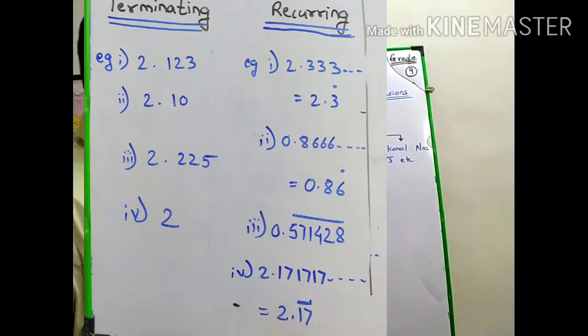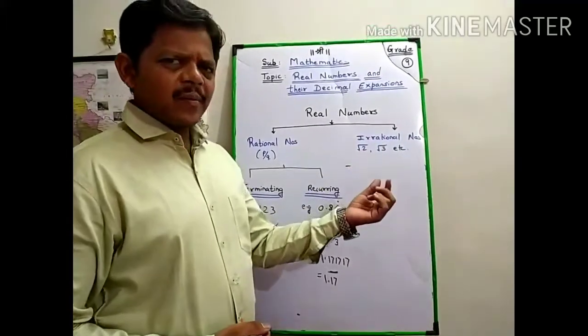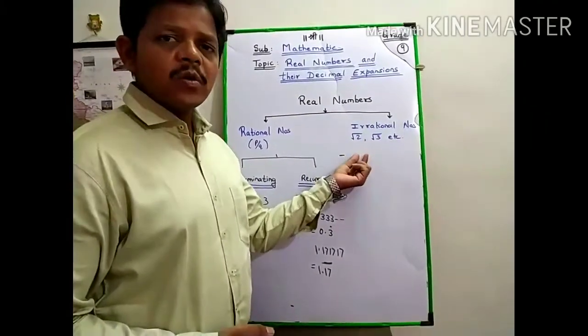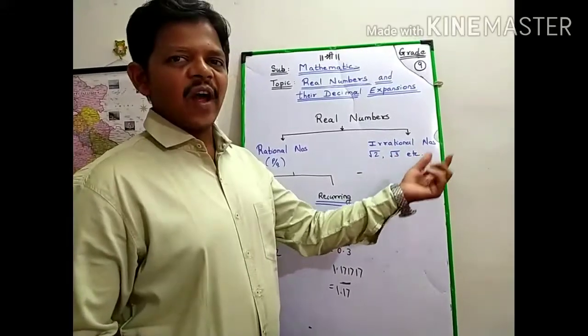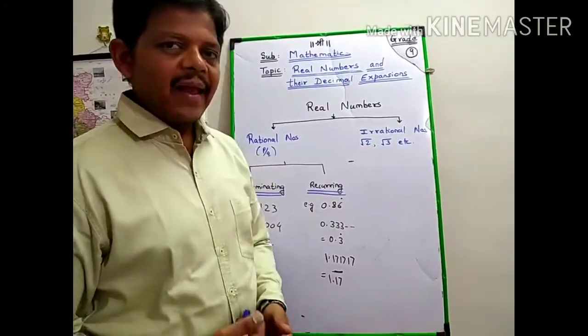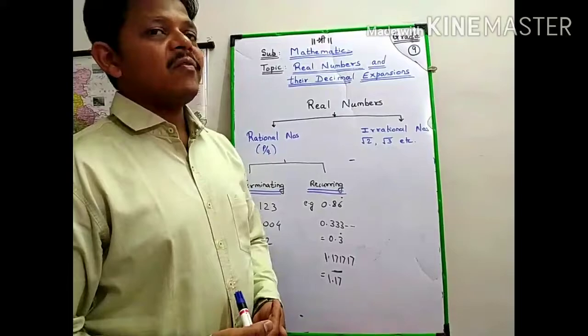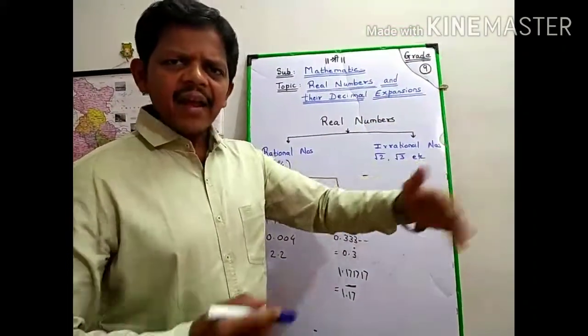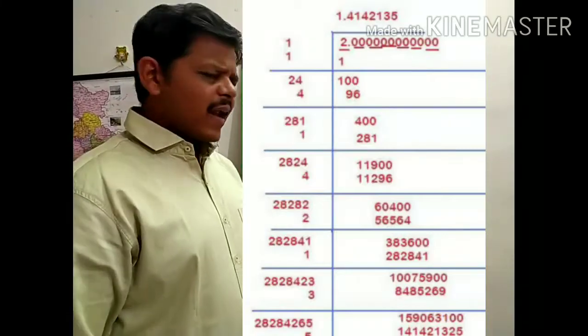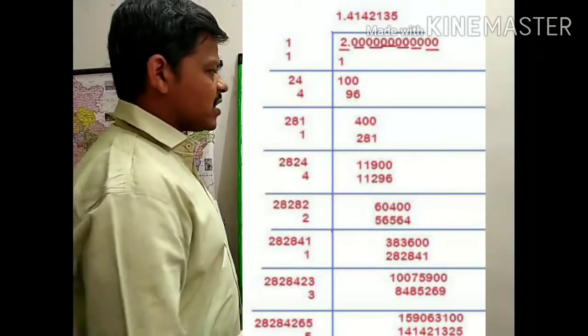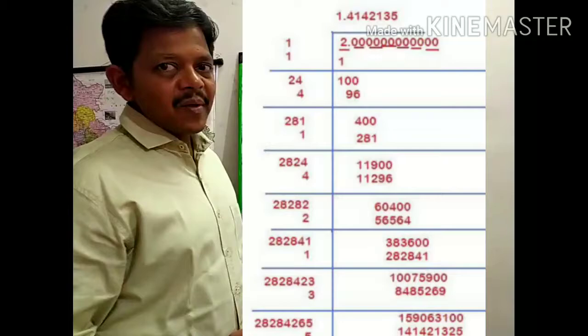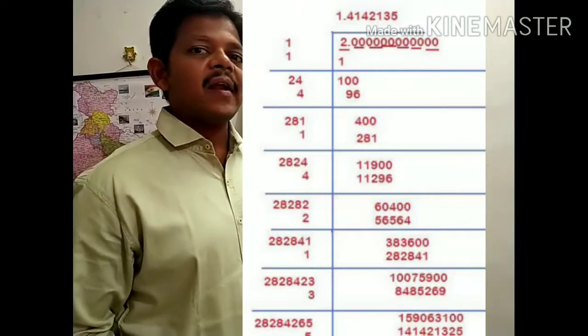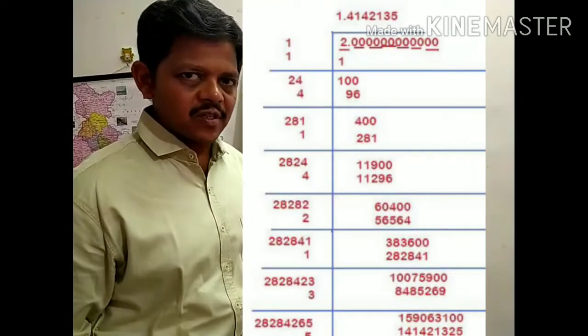Moving on, if we look at a few examples of irrational numbers, we knew the irrational numbers were root 2, root 3, root 5 and so on, along with pi. And I had also told you the value of pi is known up to 200 decimal places, and beyond that it goes on and on. Right now on your screen you can also see the long division method which we have learned in grade 8, finding square roots. Correct?